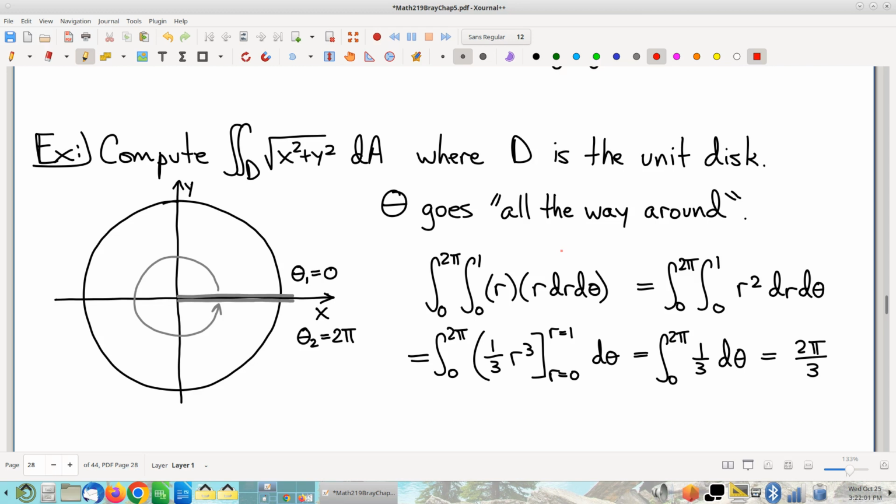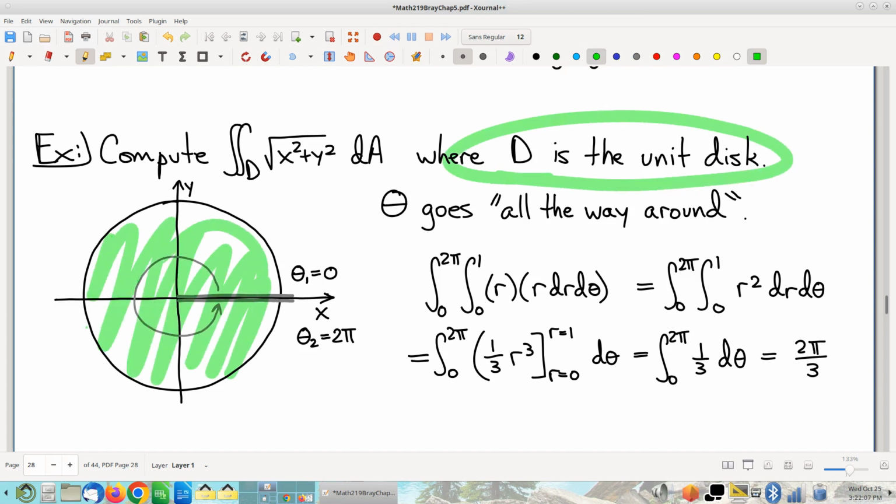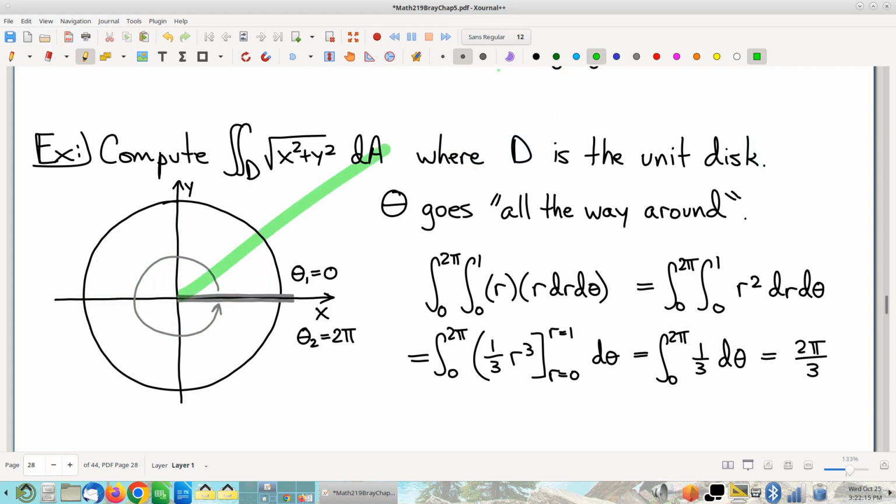Let's suppose that my domain is the unit disk, like this. All right, so what do my slices look like? And keep in mind, a slice is where you do like that. The slice as it applies to this unit disk looks something like this.